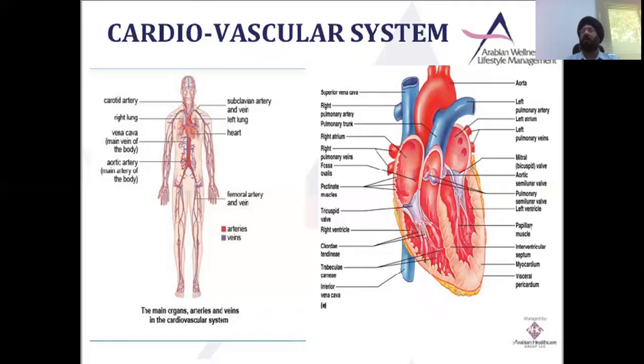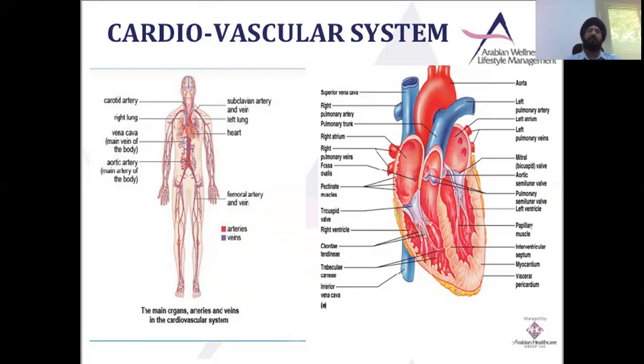We have spoken about the anatomy part of the bone, the structure, the skeleton part. Now we'll talk about the cardiovascular system. It's an anatomical as well as physiological part.